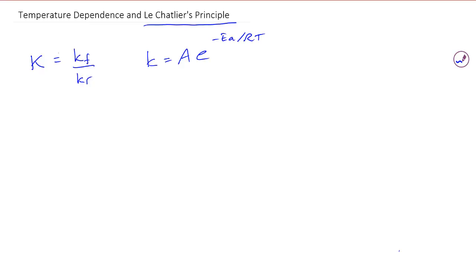All right, so what that tells us is if our rate constants are temperature dependent, so is our equilibrium constant. That's the key. Now, it gets a little more interesting because when we change the temperature, we're not only going to be shifting to undo the stress, but we're going to be changing the equilibrium constant that we end at.